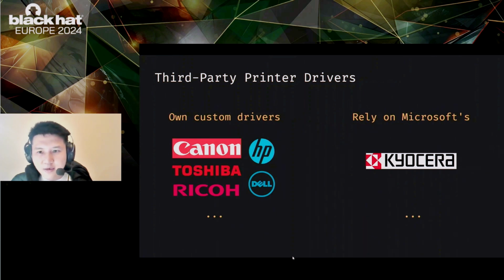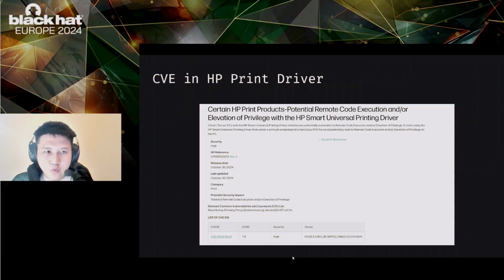Some companies use their own printer drivers, such as HP, Dell, and Canon, while others still rely on Microsoft's print drivers, like Kyocera. We discovered vulnerabilities in these custom print drivers and reported them to their security departments, such as HP.